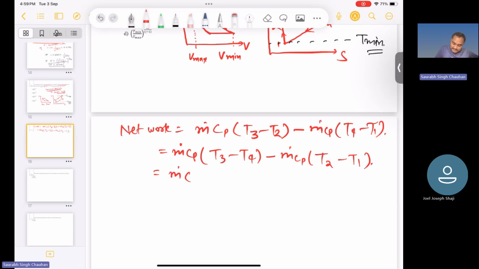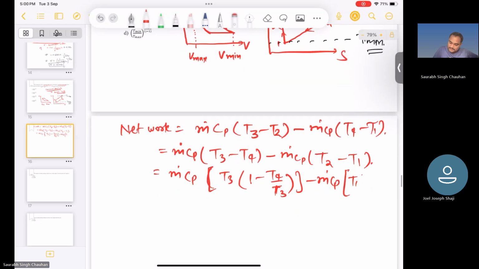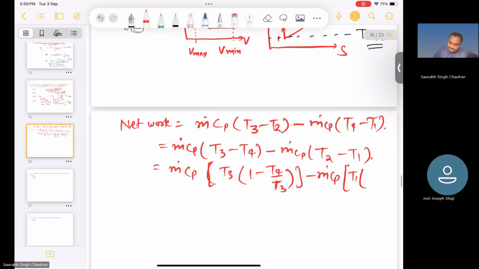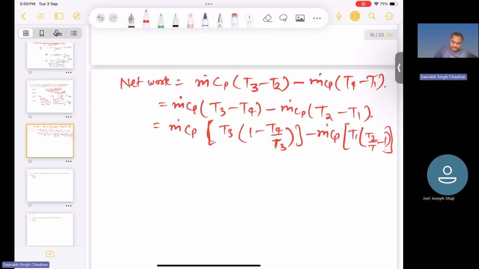And also you can write m Cp, you can take T3 common and it will become 1 minus T4 by T3, minus m Cp. Just take T1 outside. So it will become m T2 by T1 minus 1. Okay, like this.